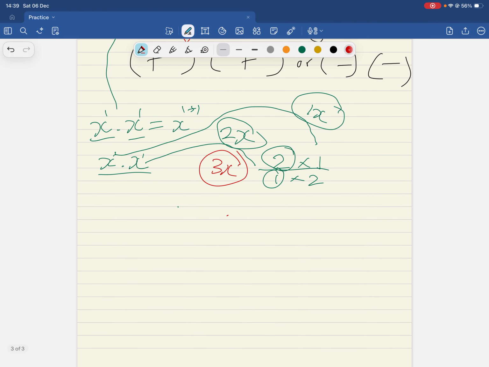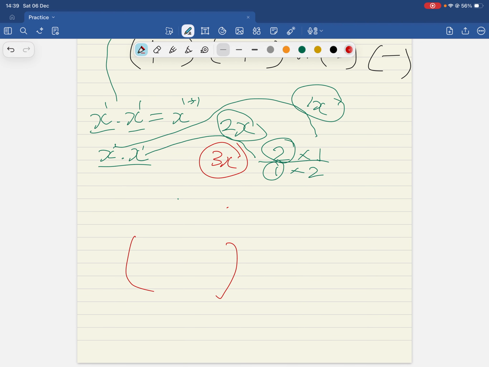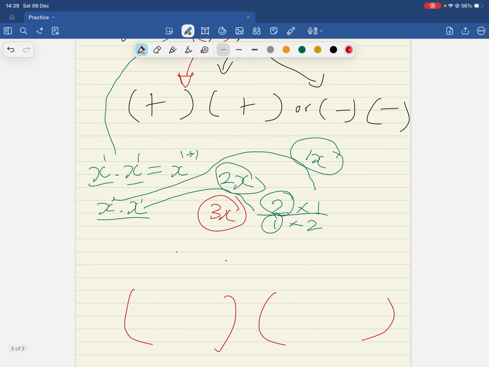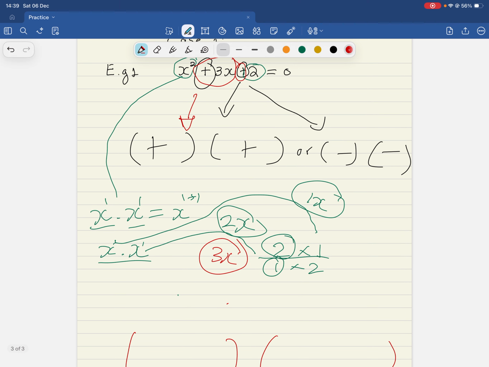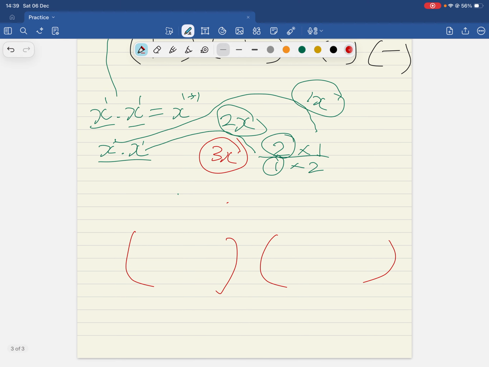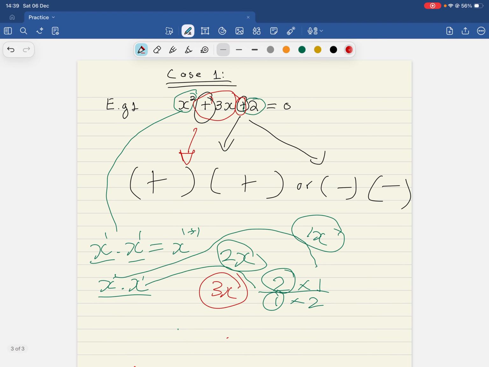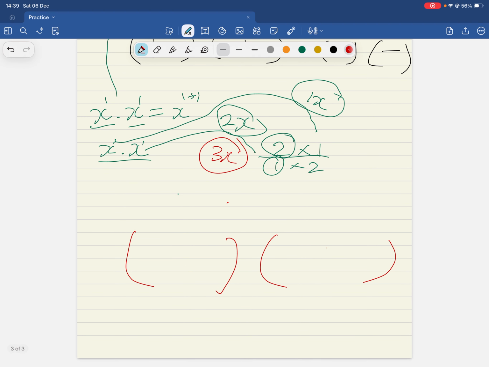Okay, so we write our factors down. Remember what I said? The sign on the last term will tell us that it's either plus plus or minus minus. On the second term, that plus will confirm that it needs to be like that. Then you write your factors here. You write x and you ask yourself, where is this line multiplying?